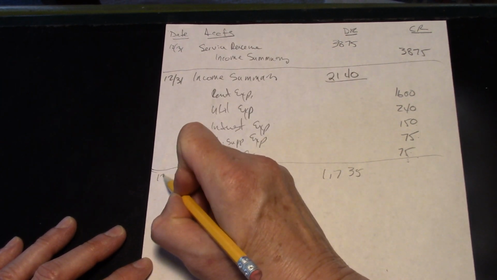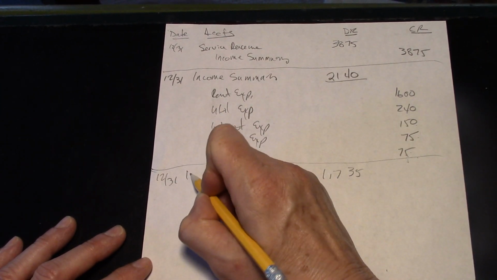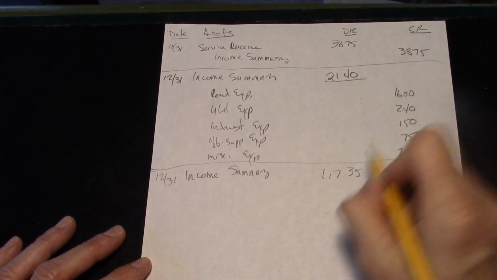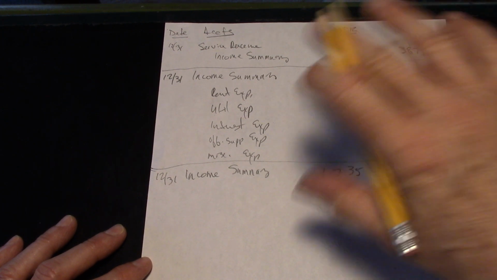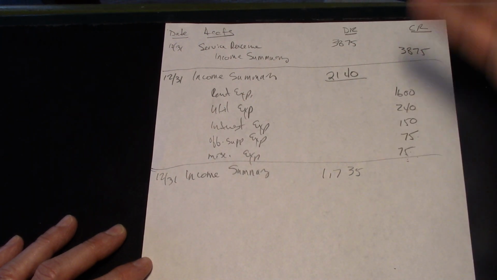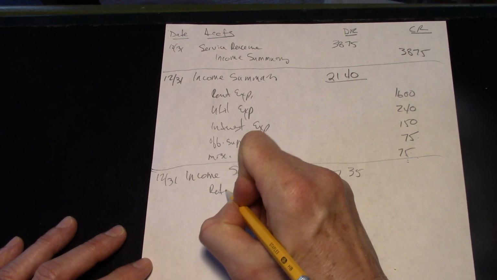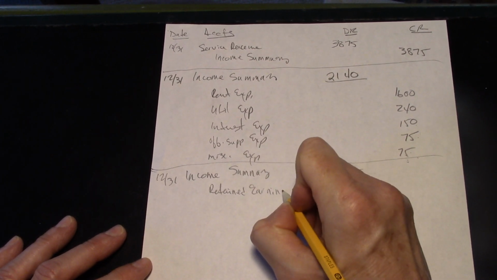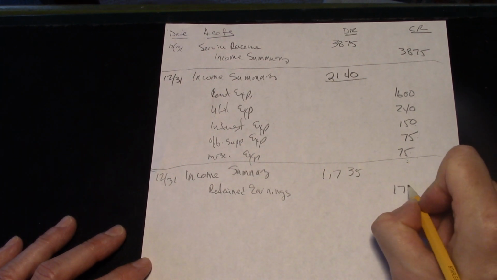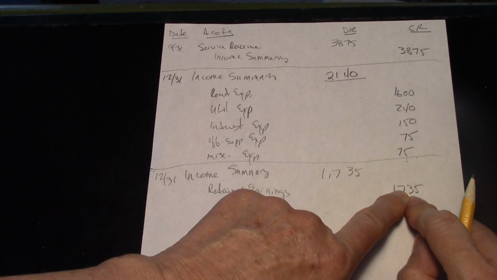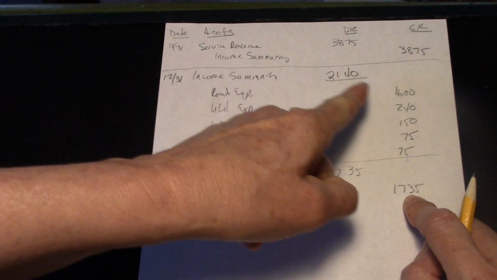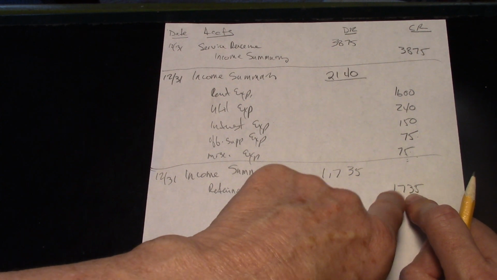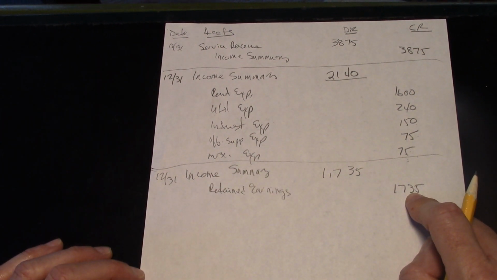So our next transaction is income summary, 1,735 debit, and we're going to credit retained earnings. And this is how the retained earnings balance actually changes, because that's net income. Think about it: revenue minus expenses equals net income, and we've moved that net income amount into retained earnings.